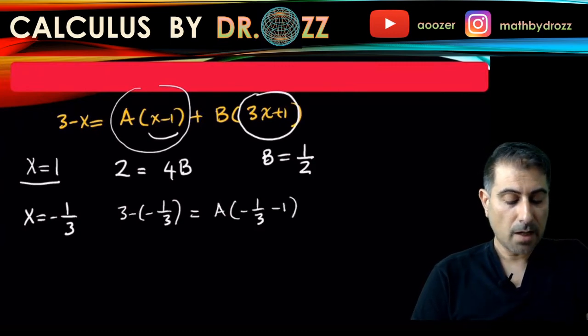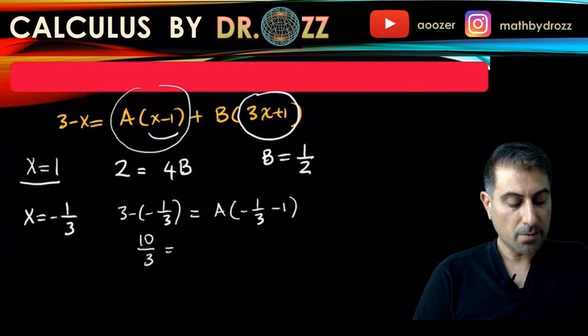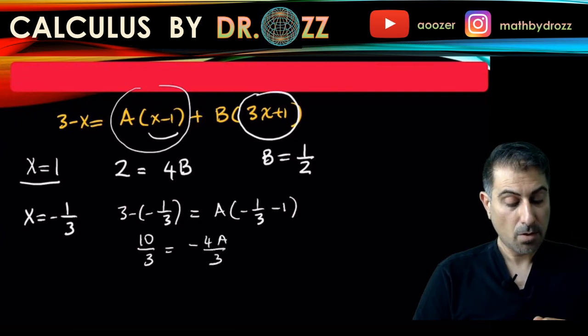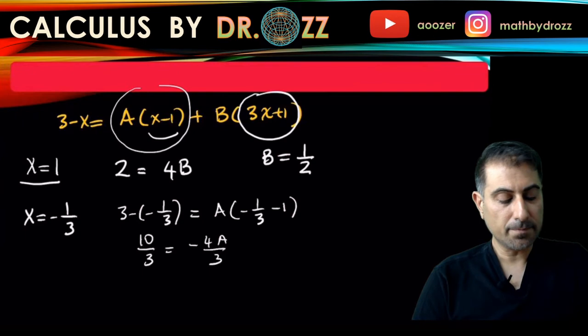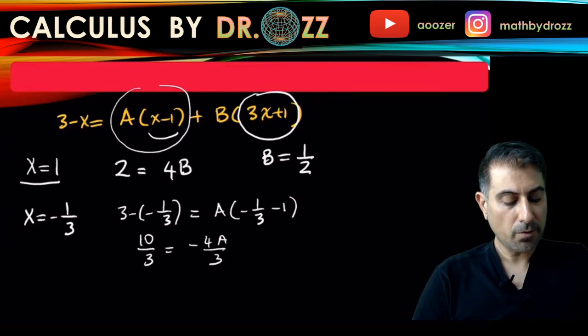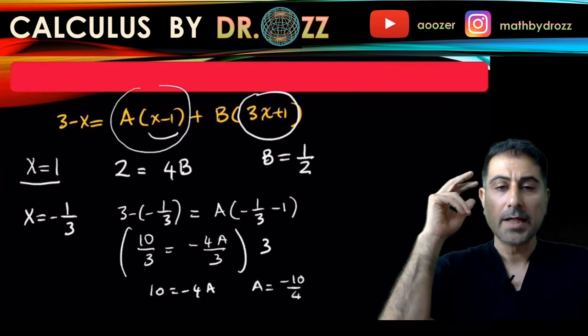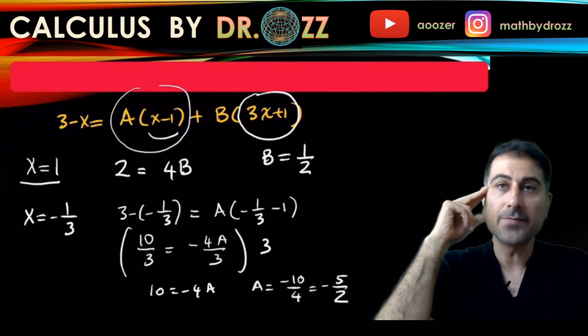So this is 10 over 3, and this is, let's see, -4A over 3. Okay? And multiplying both sides by 3, what do you have? 10 equals negative 4A, and dividing both sides by negative 4. So that's negative 10 over 4, which is negative 5/2.